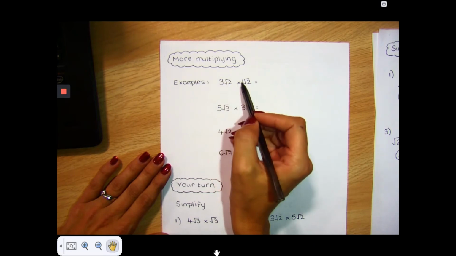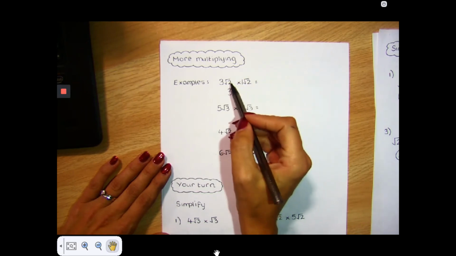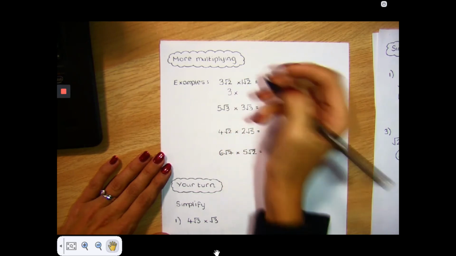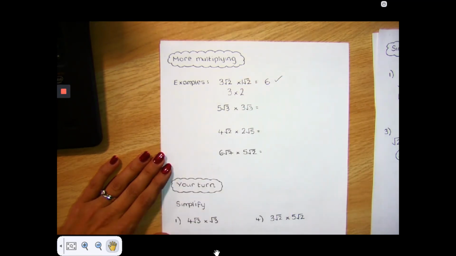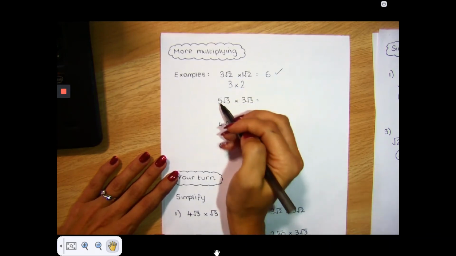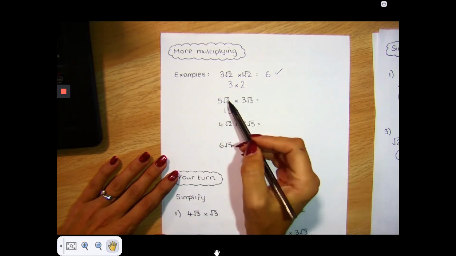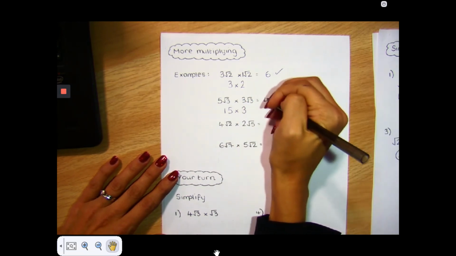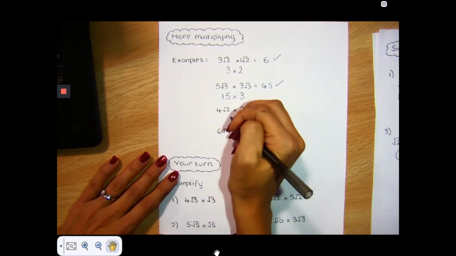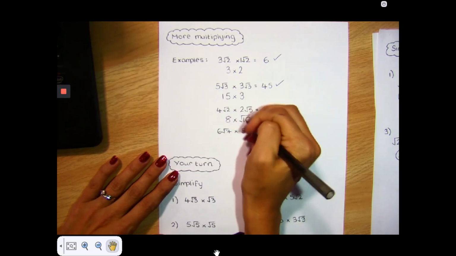Let's try the next one down. 5 times 3 is 15, and we must multiply that by root 3 times root 3, which is 3, and so 15 times 3 is 45. 4 times 2 is 8, root 2 times root 5 is root 10, so 8 root 10 would be the answer to that one. 6 times 5 is 30, root 7 times root 2 is root 14, so 30 root 14 is the answer to that one.